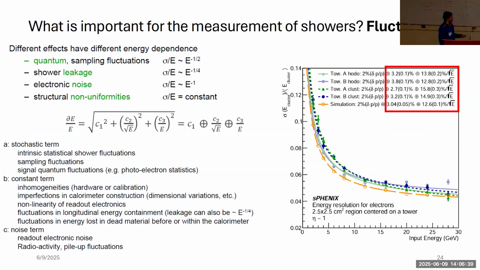So what we usually do is characterize the other feature that's important for shower measurements, which is fluctuations, in terms of a couple of different uncertainties. One is what we call the sampling fluctuations, or the stochastic term. That has to do with how many particles are actually produced in the shower.